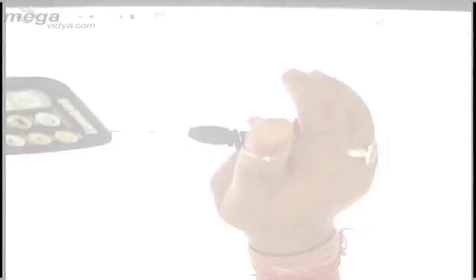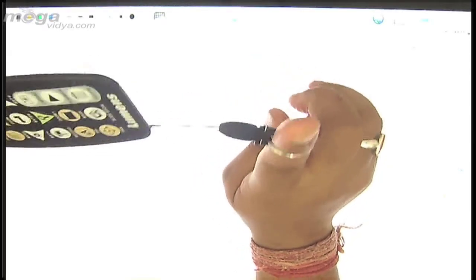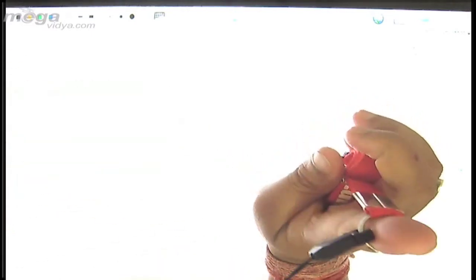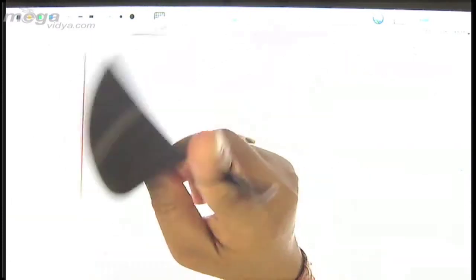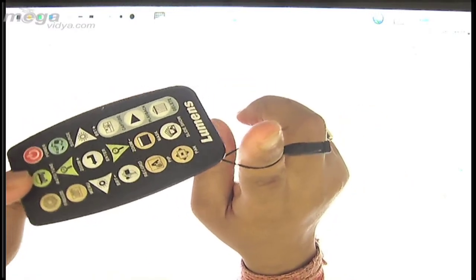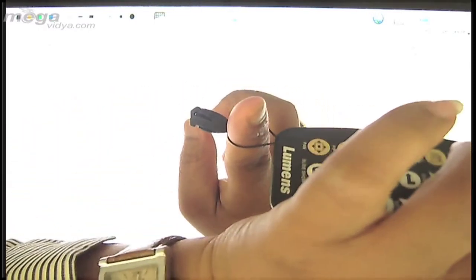So student, now you can see here my finger is still and this part is moving like this movement. My finger is still and this remote is moving this way.